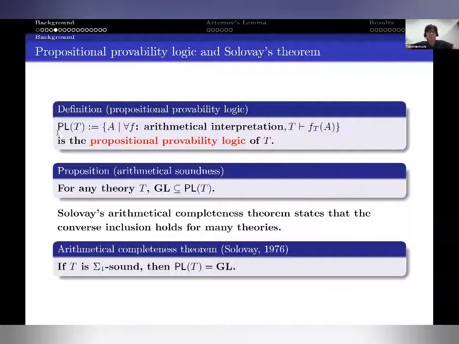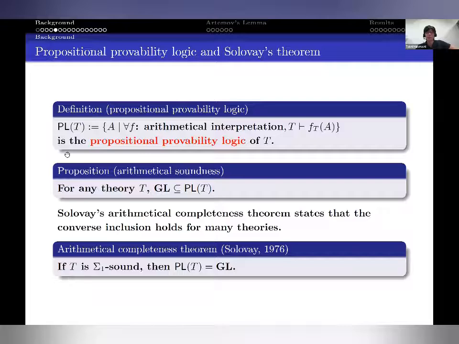PL of T is the set of all modal formulas which are provable in T under all arithmetical interpretations. And this set is called the propositional probability logic of T.